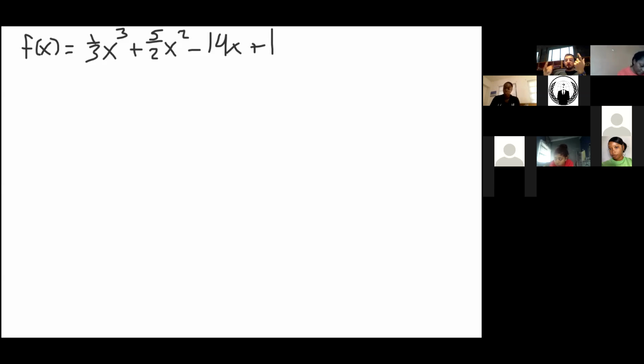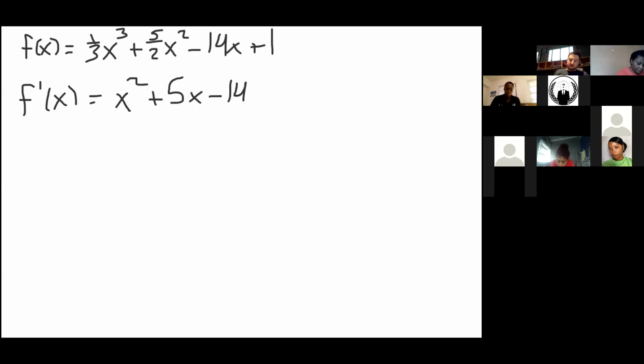Okay. But in either case, first step, always, when we're trying to find relative max or mins, is find my critical points. Find where I may or may not have a relative max or min. So I need to take the derivative of this function, which, because of that change in sign for the second term, is now x squared plus 5x minus 14.